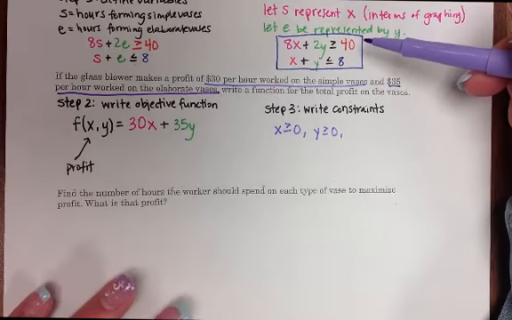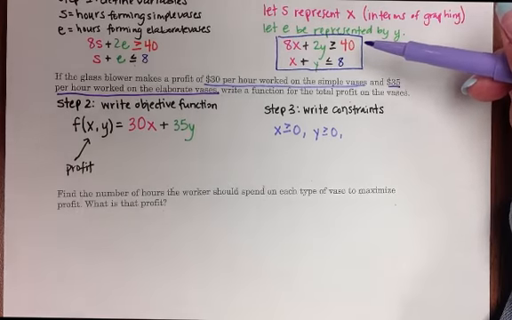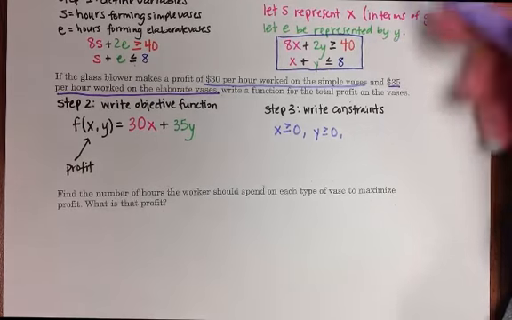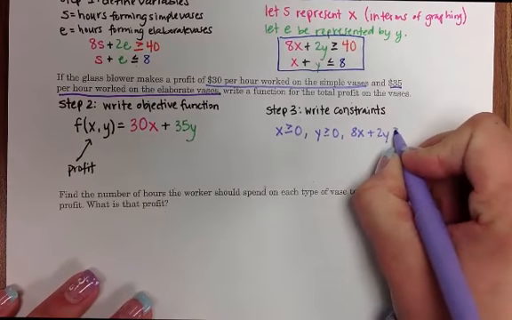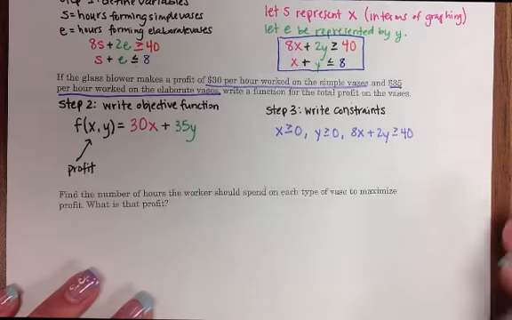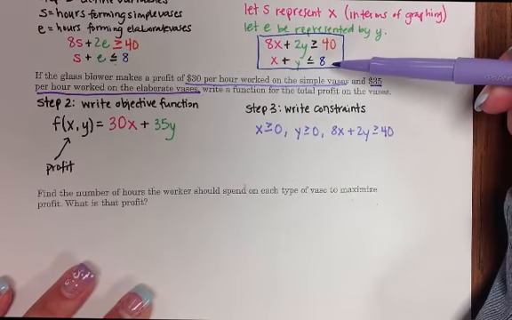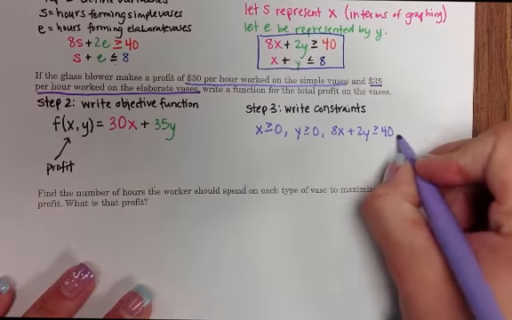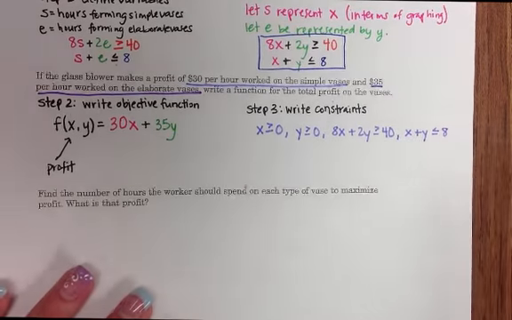In order to create 8 simple vases and 2 elaborate, we have to make at least 40 of those. So we have 8x plus 2y greater than or equal to 40. And our last constraint is our bottom inequality. We only have 8 hours to create these vases. So x plus y is less than or equal to 8.